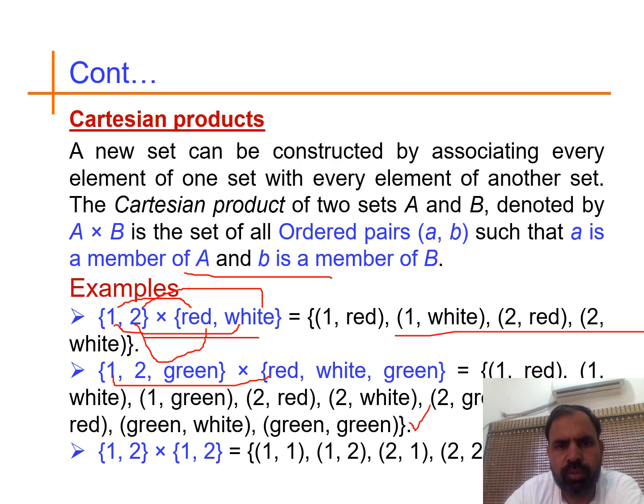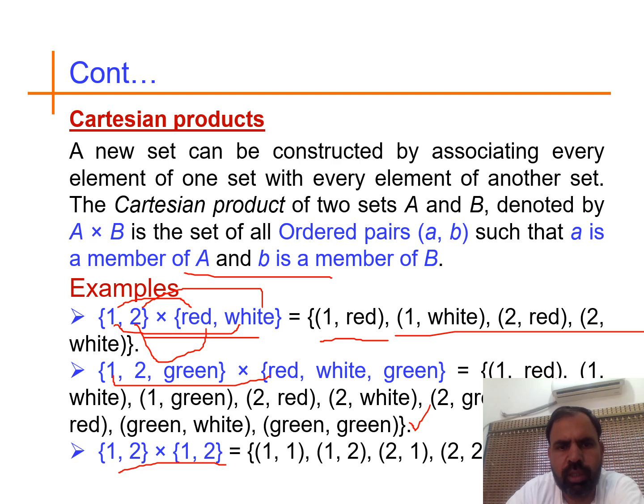So in the Cartesian product, if there are two elements in A and two elements in B, then the number of ordered pairs is 4.